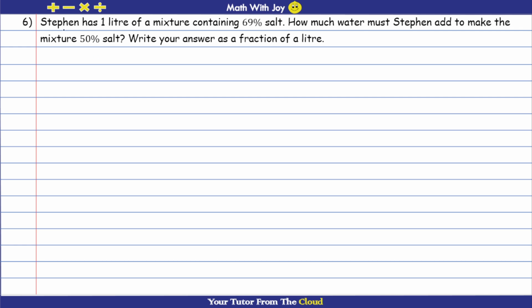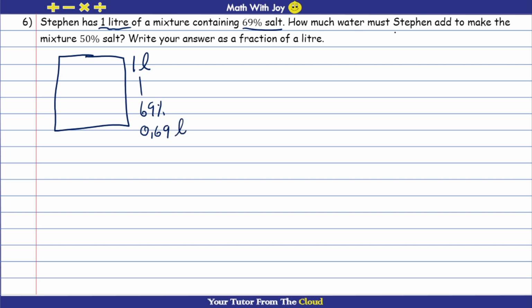Let's move over here to say Stefan has 1 liter of a mixture containing 69% of salt. So you have a container and it is 1 liter and 69% of it will be the salt, which is actually an amount of 0.69 liters.